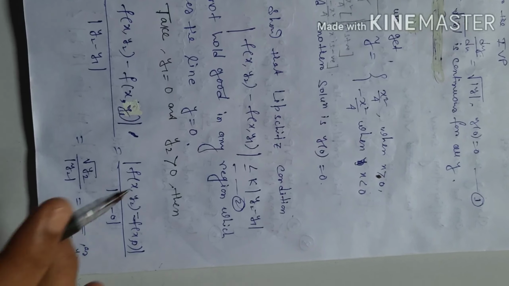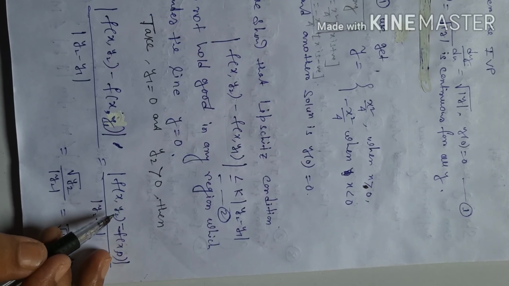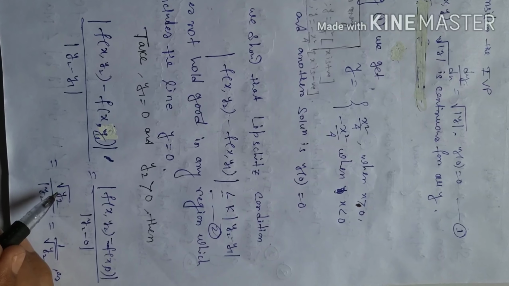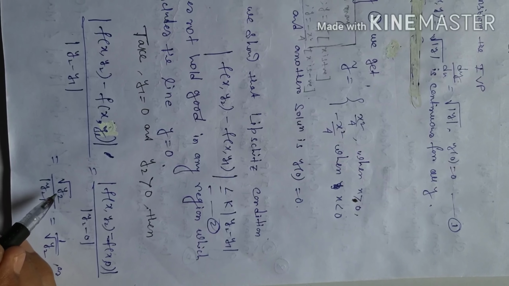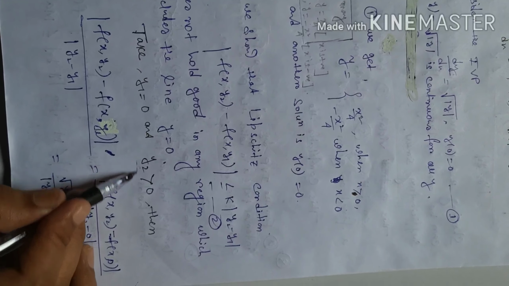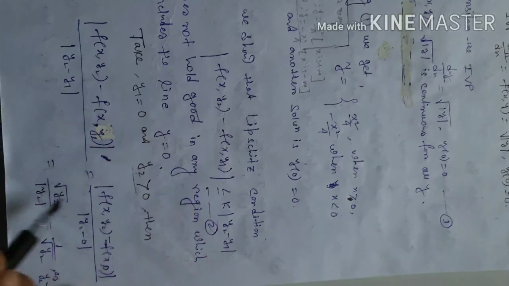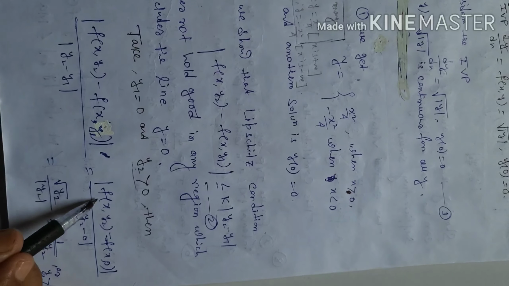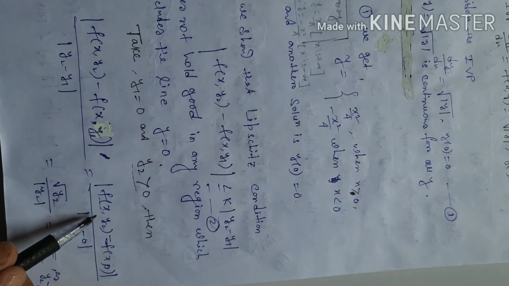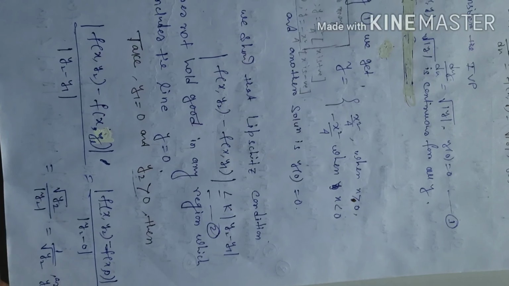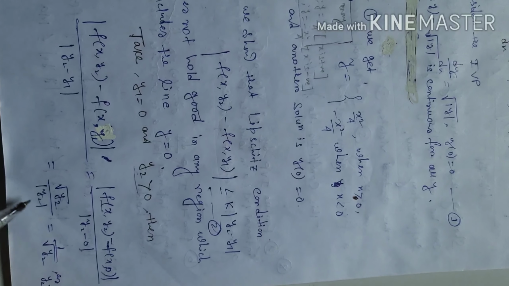Thus f(x,y2) is root of y2, since y2 is greater than 0. For this reason we get f(x,y2) = root of y2, and |y2| is y2.